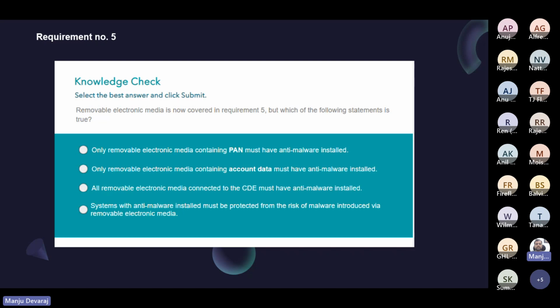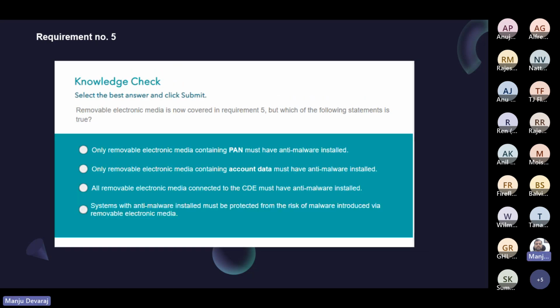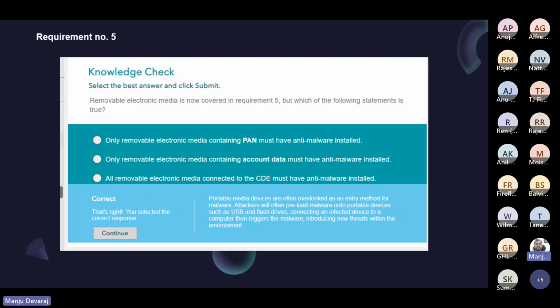No, that's all rubbish. All removable electronic media connected to the CDE must have anti-malware installed? Systems with anti-malware installed must be protected from the risk of malware introduced by attackers? I think the fourth one. Yeah, the fourth one is the answer.